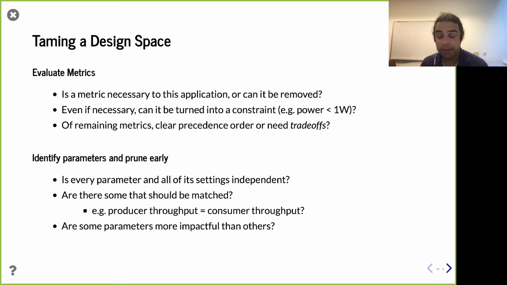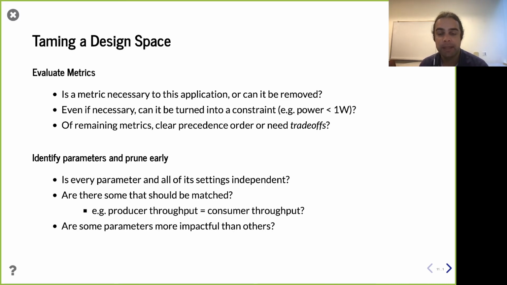And then amongst the metrics, you may say, originally I had 6 metrics, and then I got that down to, let's say, 3 by turning 3 of them into constraints. So I have 3 remaining metrics. Are all of these metrics equally important? Probably not. So maybe you can figure out a precedence order or a way to weigh these metrics, because it's going to be hard to improve them all at the same time.